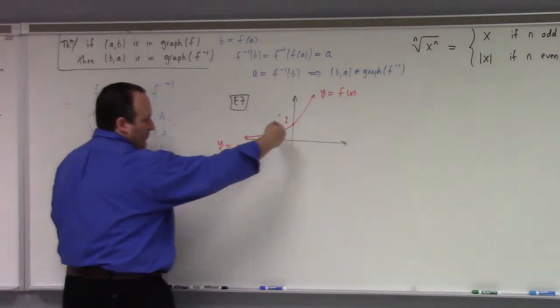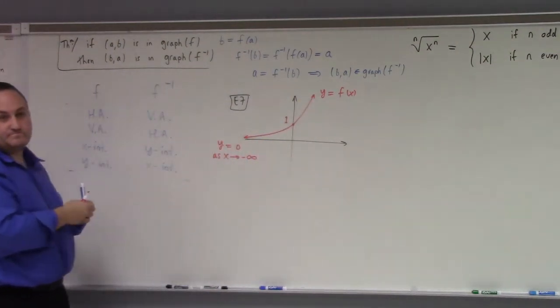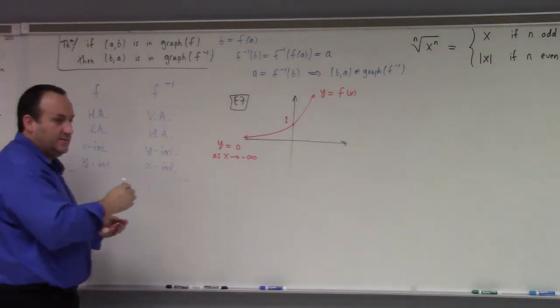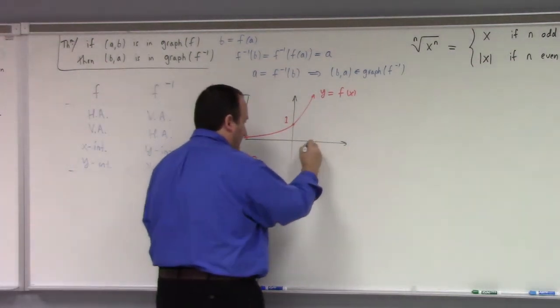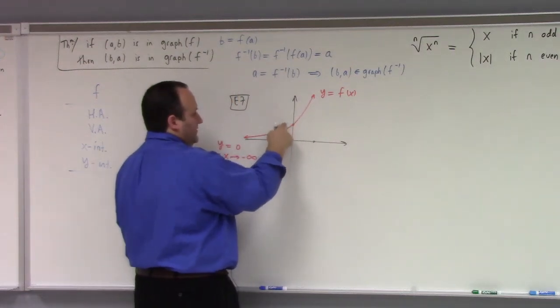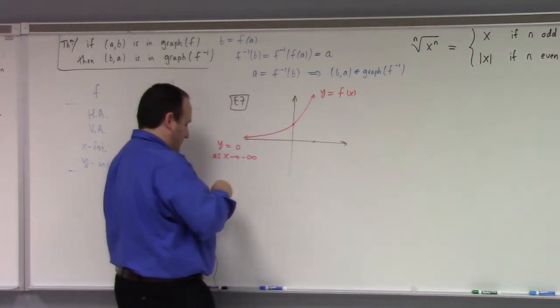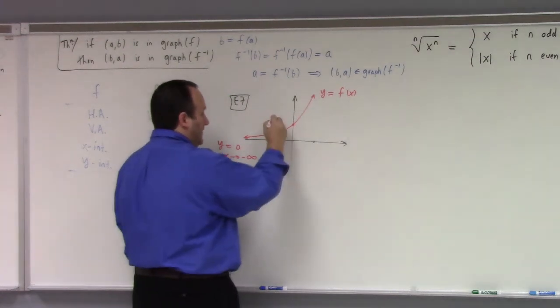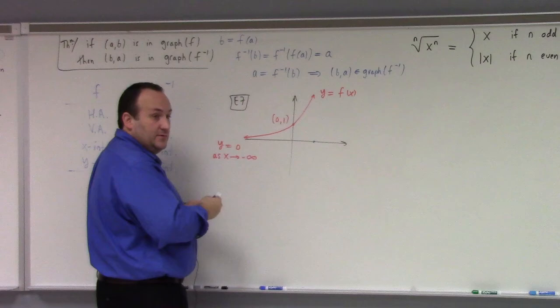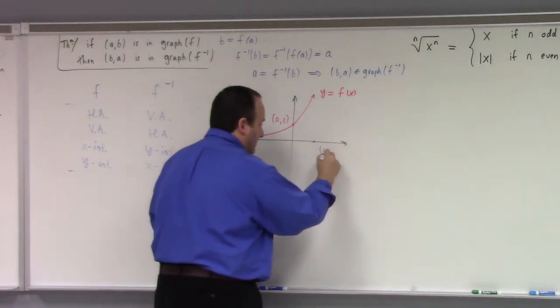So this has this horizontal asymptote over there, right? That becomes a vertical asymptote over here. And this one, to be more careful, is (0, 1), right? That corresponds on the graph of the inverse to (1, 0).